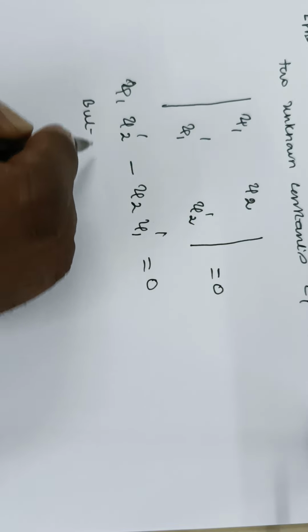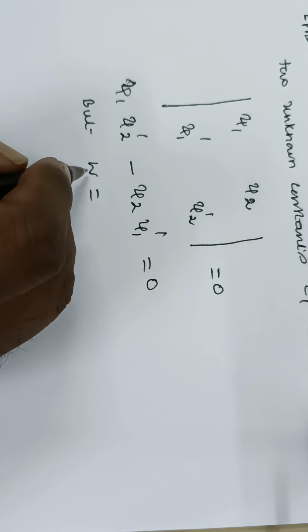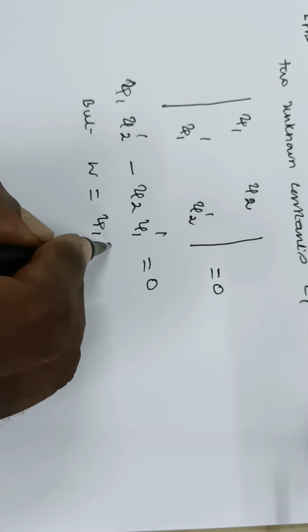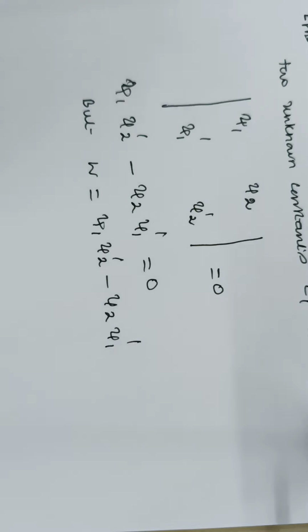But the wronskian W equal to psi 1 psi 2 dash minus psi 2 psi 1 dash.